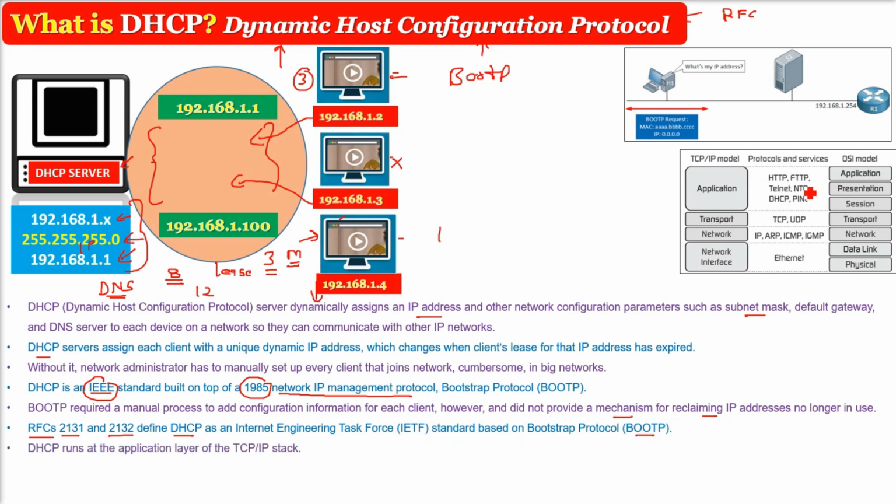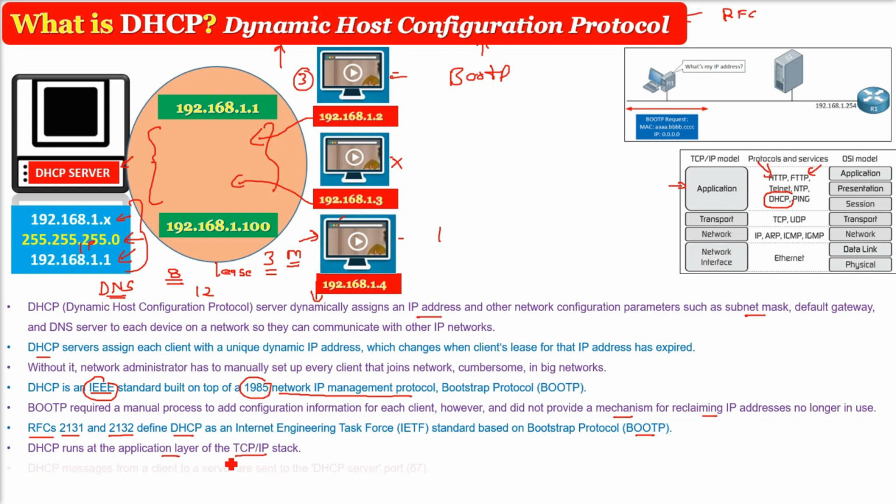Now on which TCP/IP or ISO OSI layer does it sit? DHCP is an application layer protocol. So it works on the application layer of the TCP/IP protocol stack. This is also standardized, you know about that.